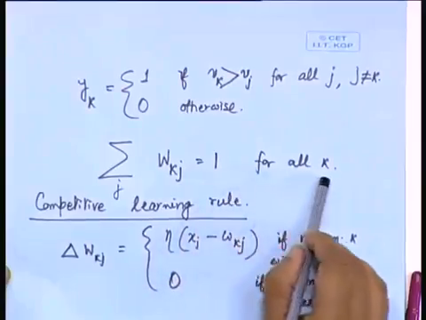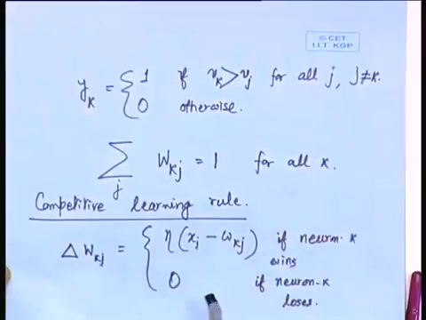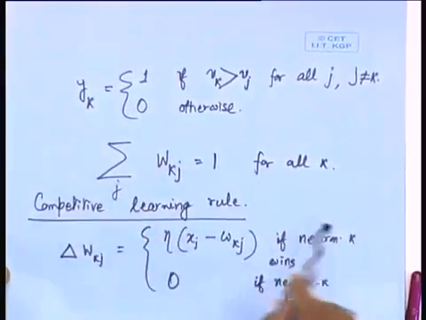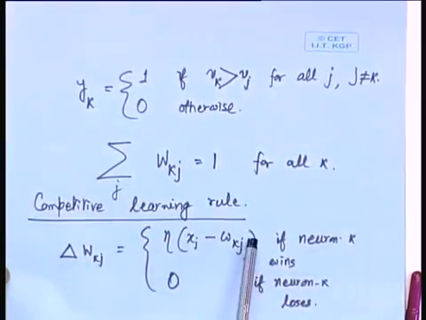Yes. All the neurons. So, I have said the summation of Wkj equal to 1 for all k. How about if one of the connections is boosted? No, if one of the connections is boosted, you have to maintain the constraint, that means to say that the connections will be such that one will be boosted, one will be weakened.